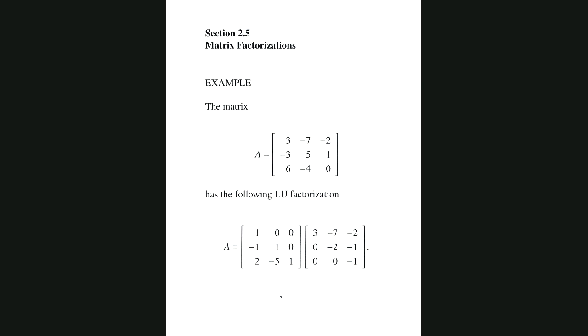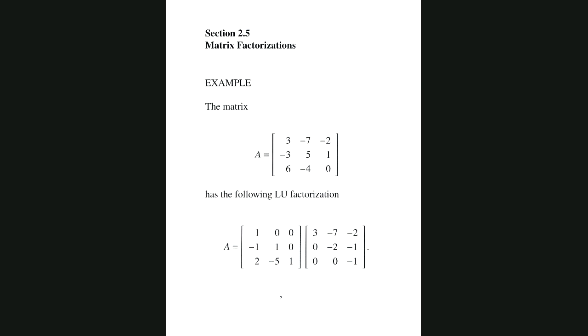On the other hand, for the second matrix, we have a diagonal here, 3, negative 2, 1, and below the diagonal are all zeros.